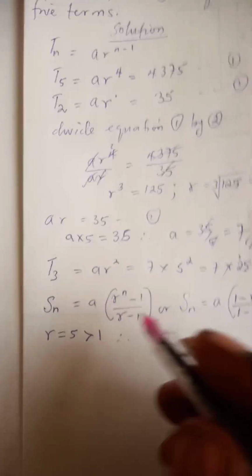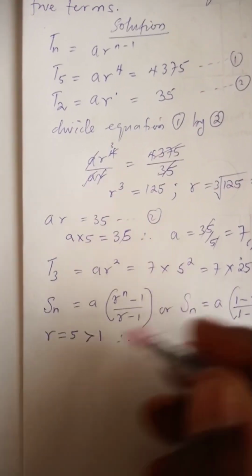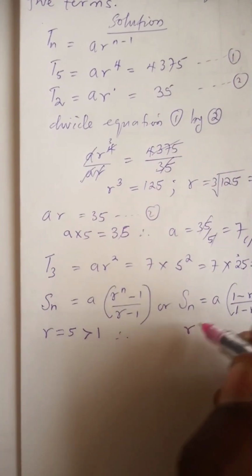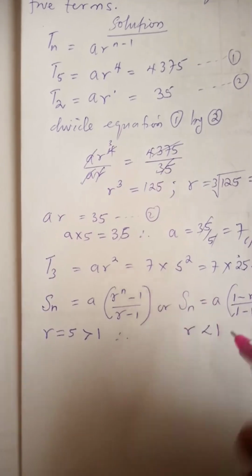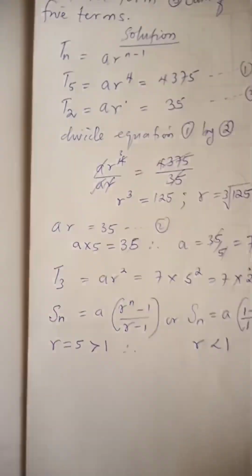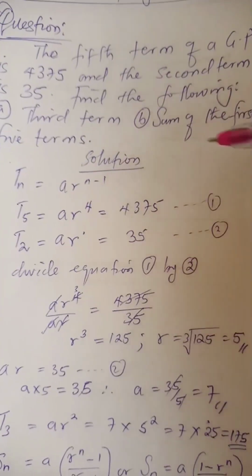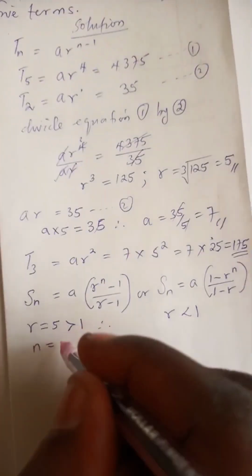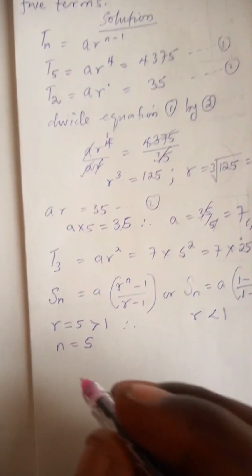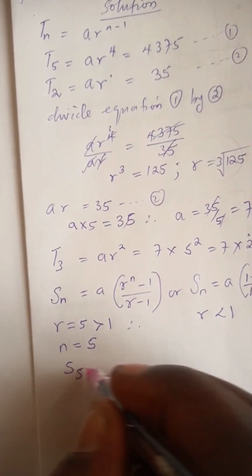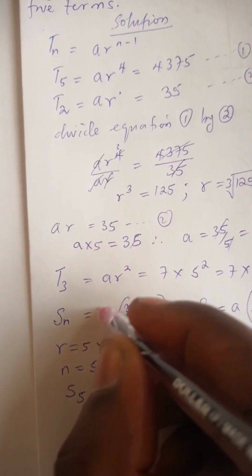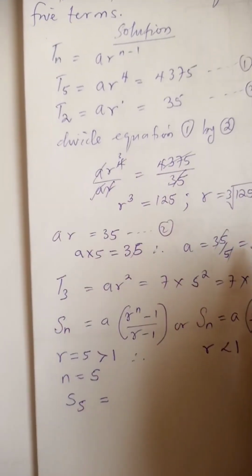The second formula we can only use when R is less than 1. So using this first formula, our n is equals to the number of terms that they asked us to find, the sum of the first 5 terms. So n is 5. Then substituting it into this value, we now have S5 will be equals to our A, which is the first term, is 7.